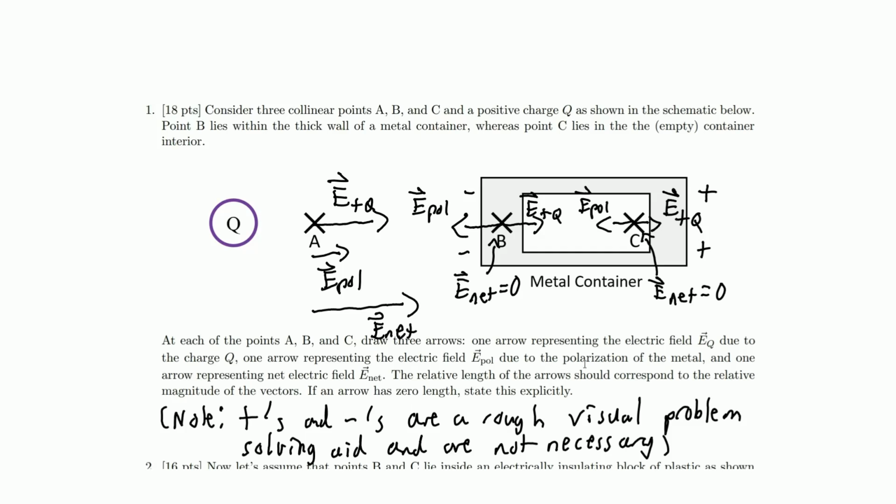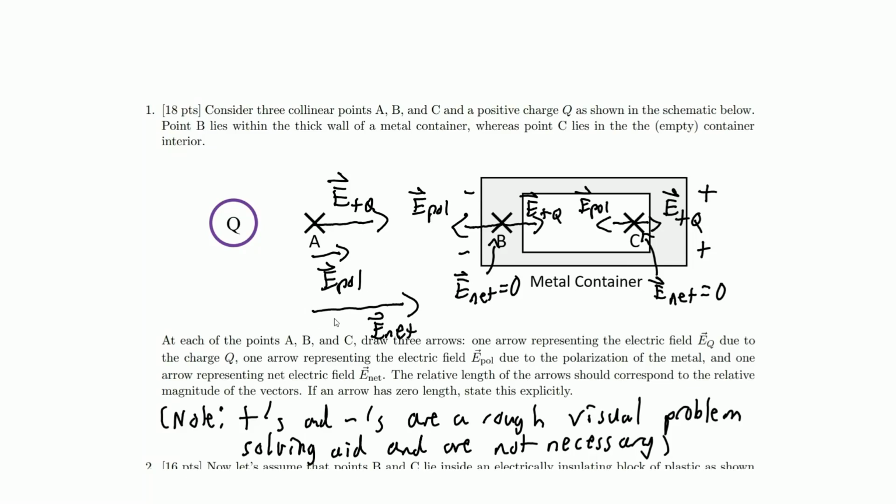And then we also need to find the electric field due to the polarization of the metal. To find the polarization of the metal, we have to look at the charge of Q, and since that is positive, we know that the left side of the metal container has to be negative and the right has to be positive. So moving from positive to negative, our E polarization is going to the right, and therefore the net electric field at location A is also going to the right.